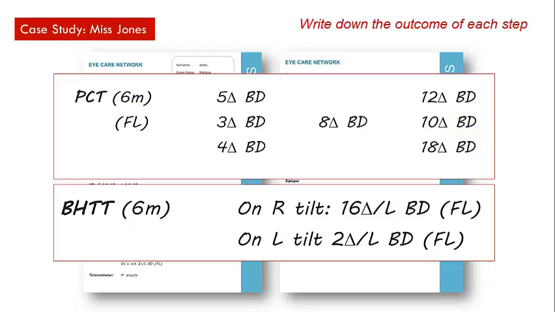Okay, the third step tells us that on right tilt there is an increase in the deviation. The encycloducting eye in this instance is the right eye, and that leaves us with the right superior rectus or the right superior oblique being recruited on tilt right, for encycloadduction.